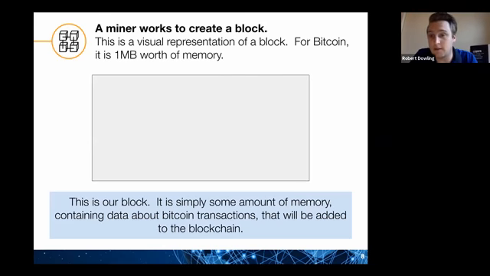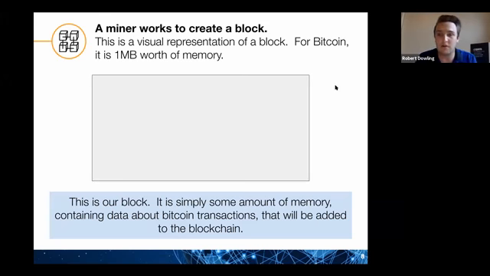And so what does that entail? And what does that mean? Why are there miners and nodes? Well, every miner is a node. So every miner will keep a copy of the most recent version of the blockchain, but not all nodes are miners. So you can keep a copy of the blockchain and not do any mining. And we'll talk about what that means, why that's possible, and what's so important about that in a little bit.